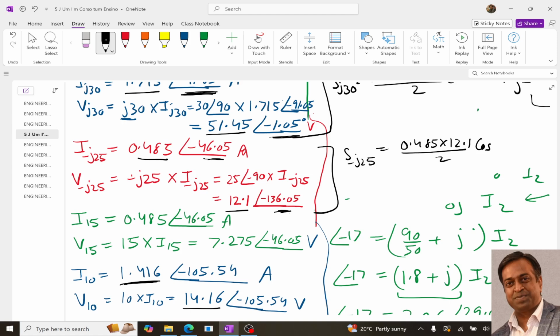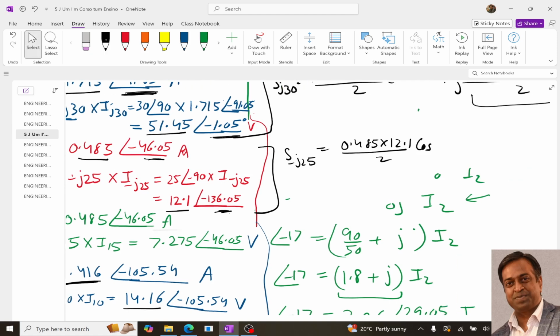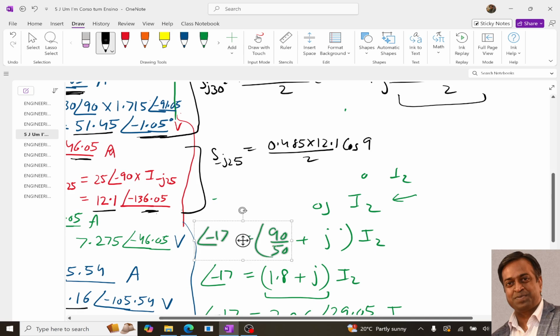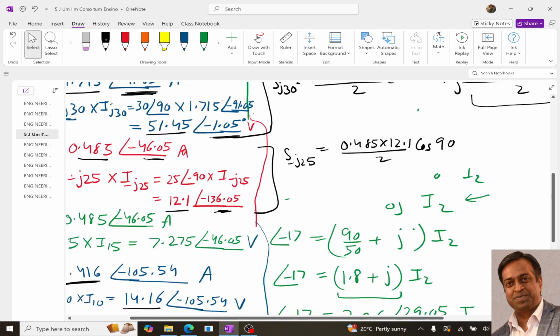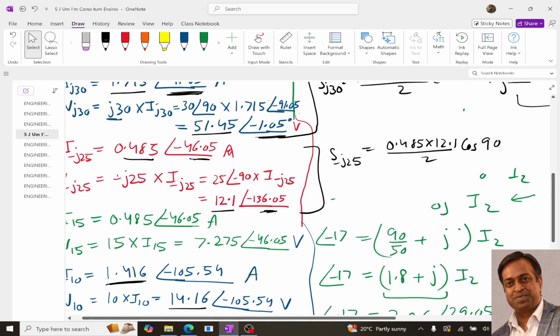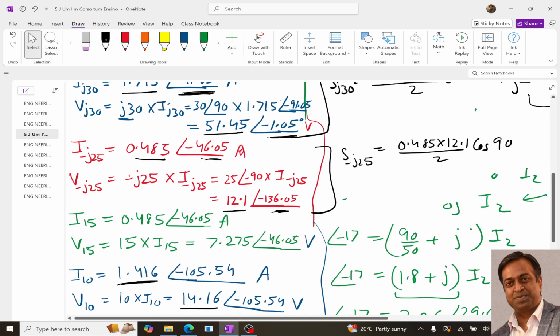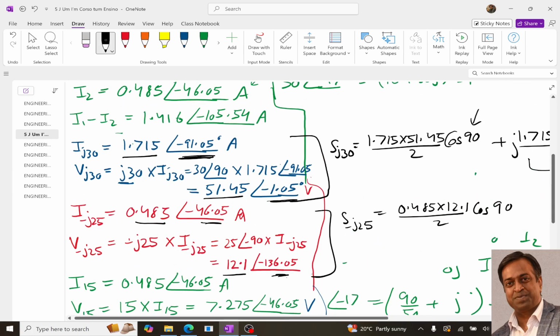So if you take the difference between these two, again you will get a 90. So cos 90. And again over here also remember that when we take this cos theta, then voltage is leading, right? So over here in the first case when I did, the voltage angle is minus 1.05 and the current angle is minus 91.